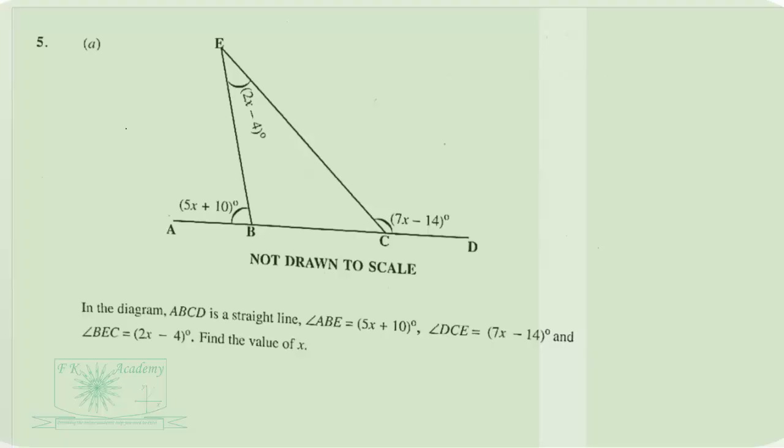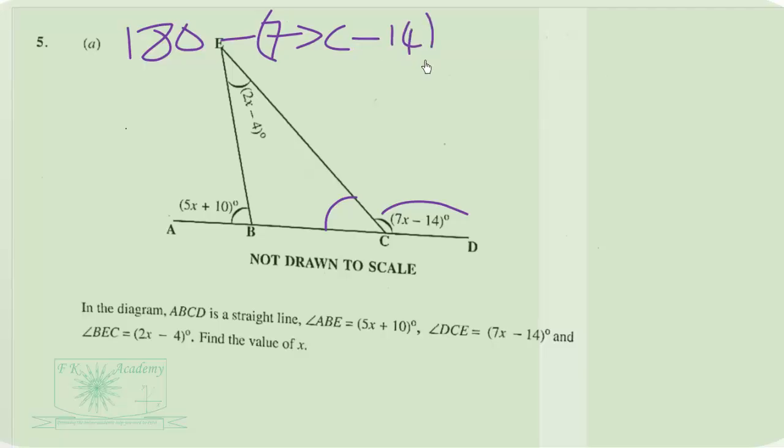So there are several ways we can solve this question. One way is that we bring the exterior angle here inside the triangle. That will be 180 minus 7x minus 14. And when we do that, the sum of this angle and this angle should be equal to this.